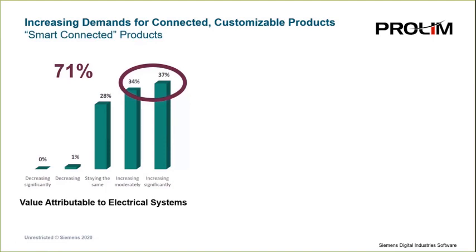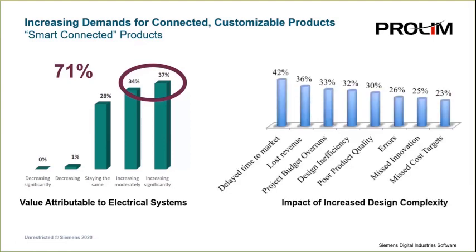So the designs are becoming more complex, and that's creating some challenges for these companies and the teams. And here's more data to support that. What is the impact of this additional design complexity? Well, it puts pressure on the market, the time to market. Lost revenue, easy for the projects to overrun with these complexities, and there's a lot more design inefficiencies, which can also affect the quality and optimization.